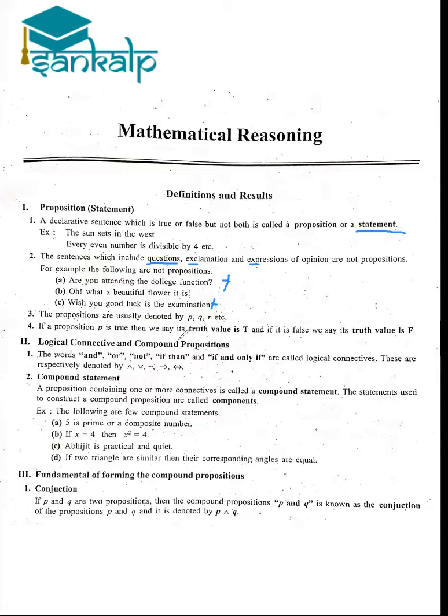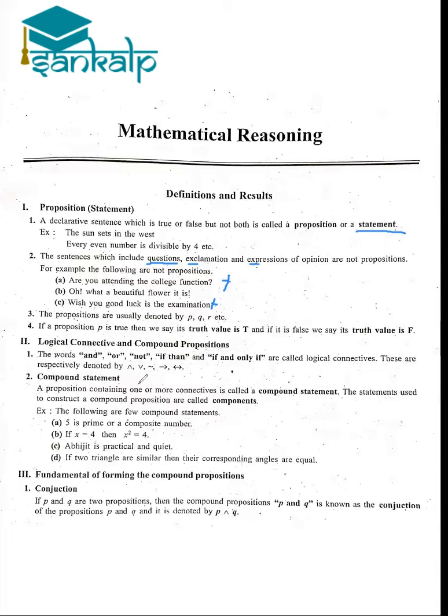Logical connectives and compound propositions. The words and, or, not, if then, if and only if are called logical connectives. These are respectively denoted by the symbols for and, or, negation, implication, and double implication.